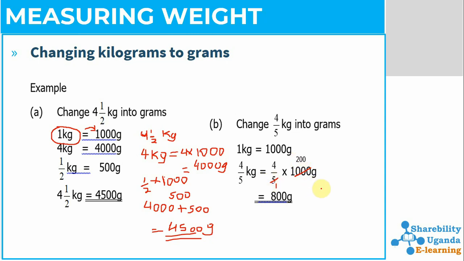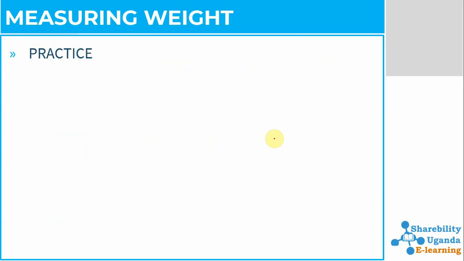So to come up with this answer, they said 200 times 4, and they are able to come up with 800. That is how they got it. Whichever number is in fraction or proper fractions, you should be able to calculate and come up with the right answer.